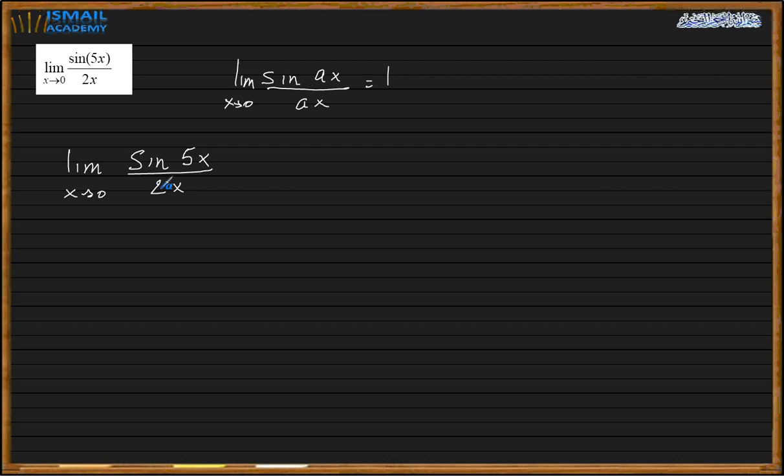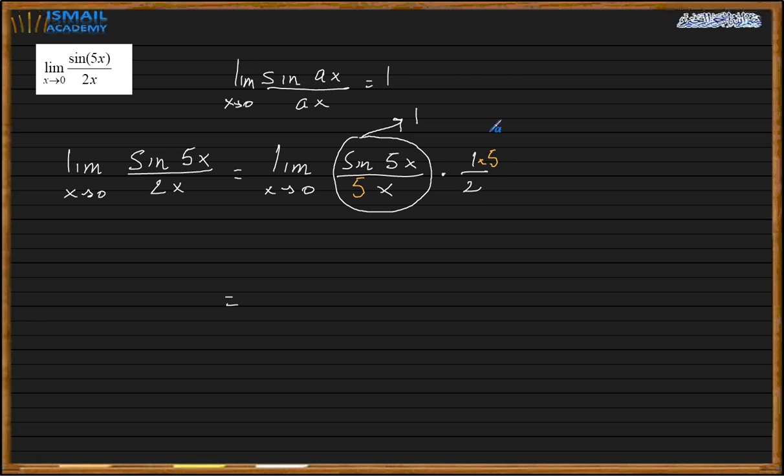I don't have 5x here, so I write it in this form: sine 5x over x times 1 over 2. Next, I multiply here by 5 and divide here by 5, when x goes to 0. I know that this is 1, so the limit of this goes to 1. What's left is 5 half, so it's just 5 half.